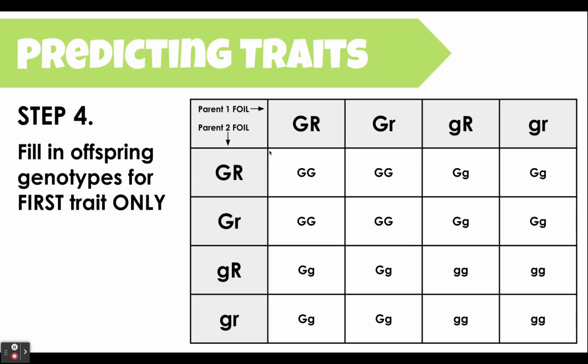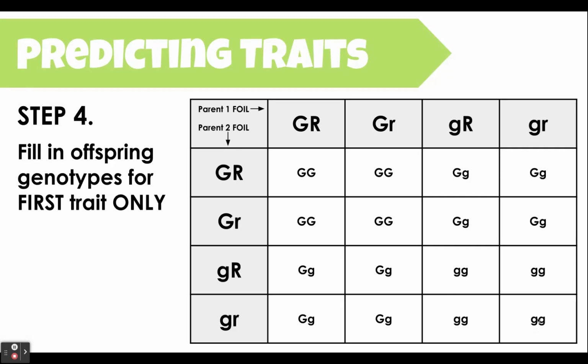I'm going to start by doing trait number 1, the G or color of the peas first. So I'm going to take the big G from this parent, combine it with the big G of this parent, and write that in the box. And I'm going to repeat this across every single box.